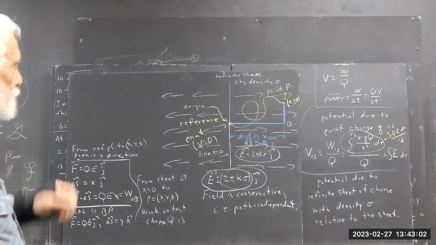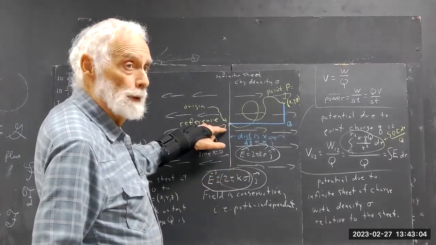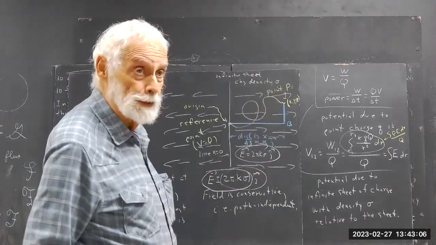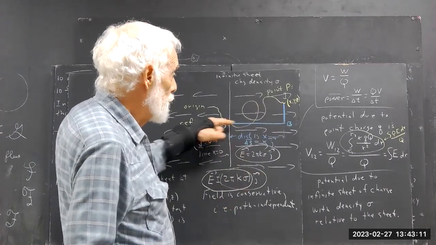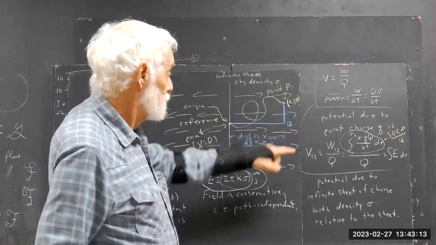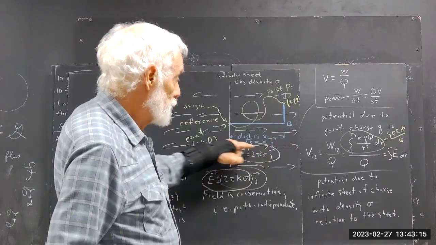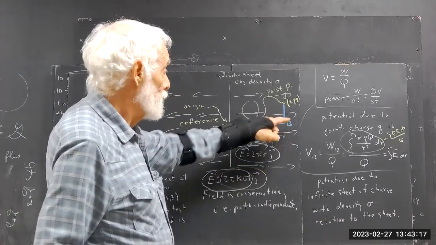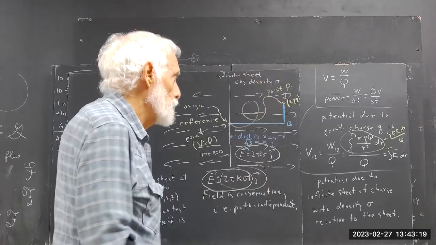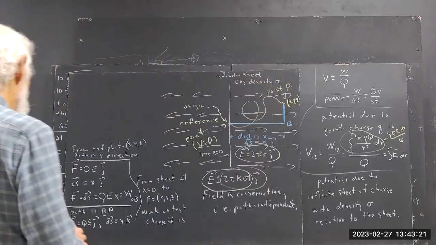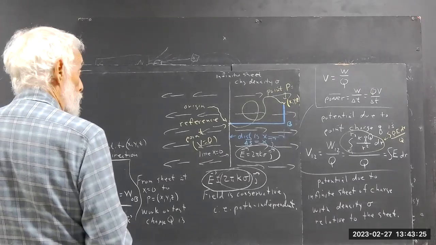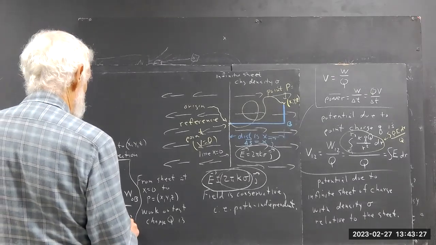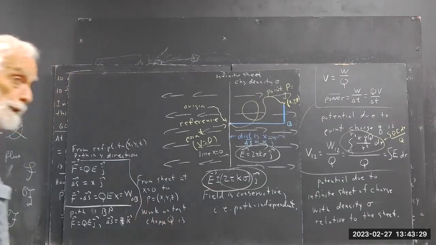So what we're saying is, from my reference point, the origin, to any point x, y, z, we can draw a path parallel to the x-axis, delta s, and then from here to here, a path to point P. That's in the k direction, not j.